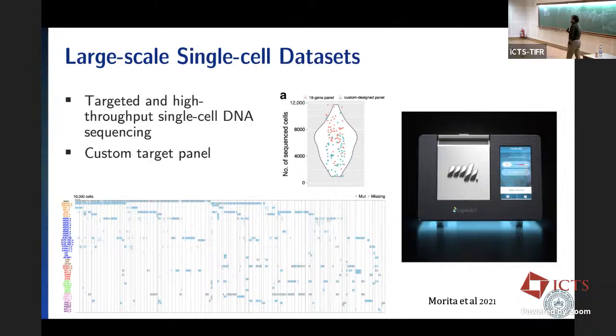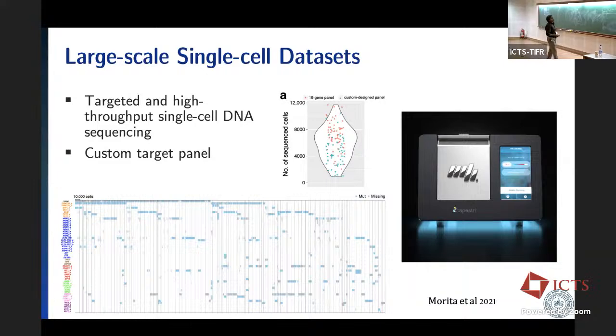Previous single cell DNA sequencing datasets were actually facing difficulty in even getting 100 cells. Now you can get to a dataset consisting of 5,000 cells, 10,000 cells easily. So now we have really large scale single cell sequencing datasets, but this time the scalability is on the number of cells rather than on the number of sites.